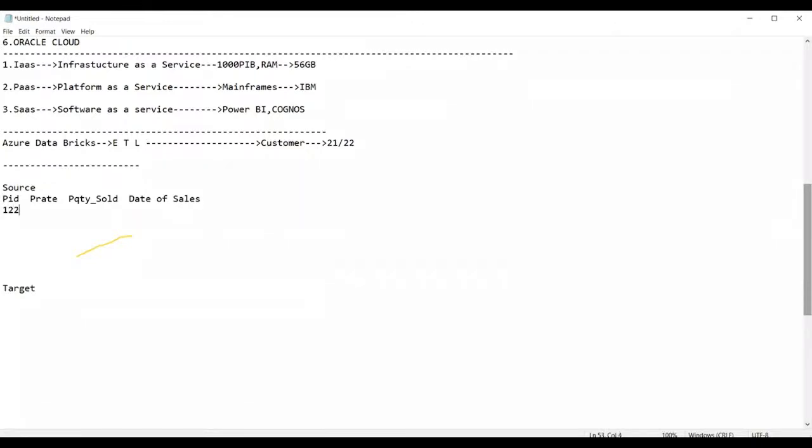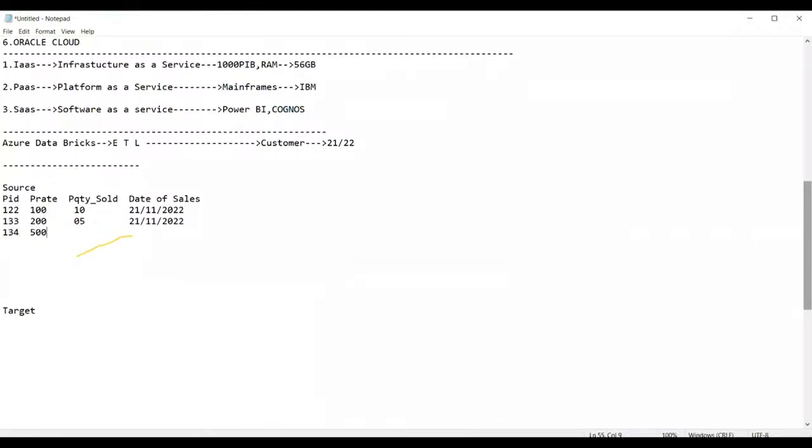Let us give the product rate as 100 rupees, the quantity sold is 10, and the date of sale is 21/11/2022. Then another product, the rate is 200, quantity sold is 05, date 21/11/2022.